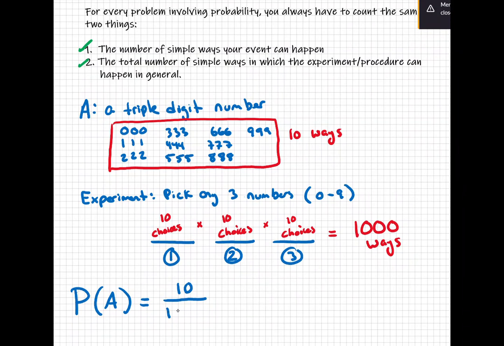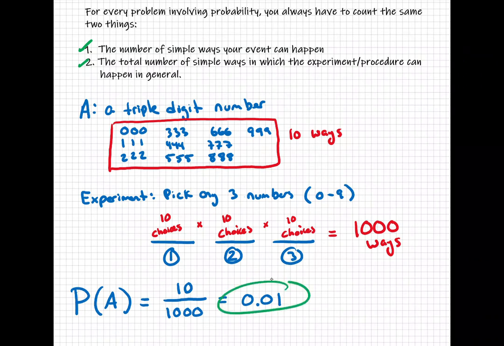And there's 1,000 options there. So if we divide these two numbers, because the directions say give the answer as a decimal, 0.01. And that would be the answer.